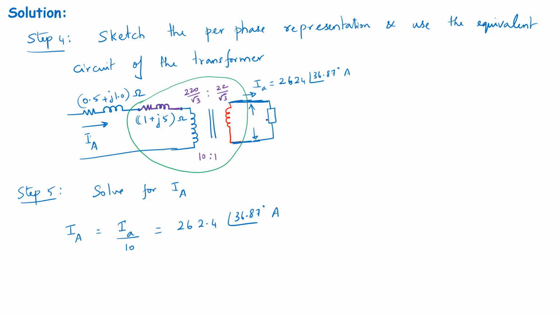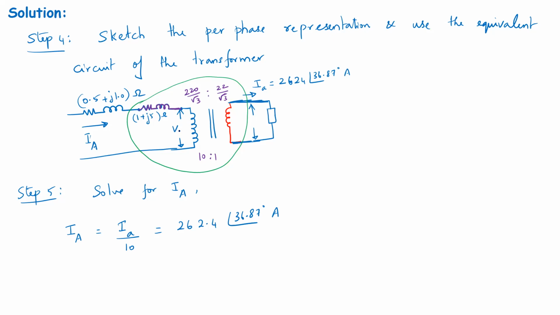So the load voltage is IA, and just let me make this compact so that I can introduce one more variable here. There is another voltage here which we want to remember. So this is the reflected voltage of the load represented on the high voltage side or on the primary side of the transformer.